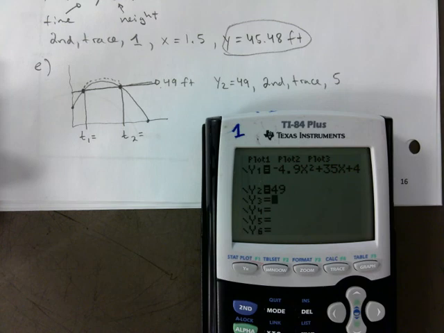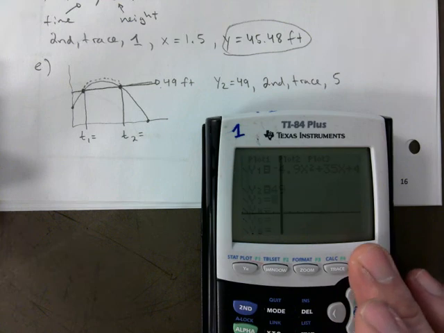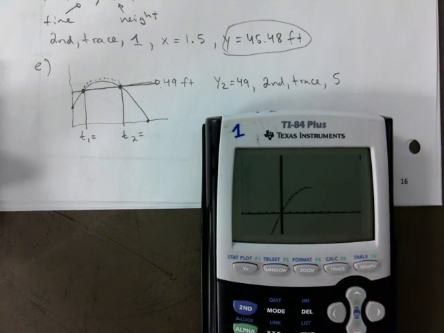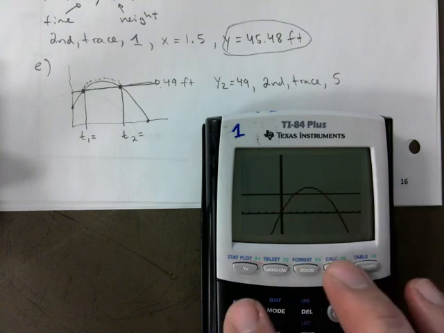Whatever height I'm talking about, right? You just type that in. And when you have that, you hit graph, sorry. And it should cut right there. See how it cuts it? So I need to find both of those intersections. So let's go ahead and do that.